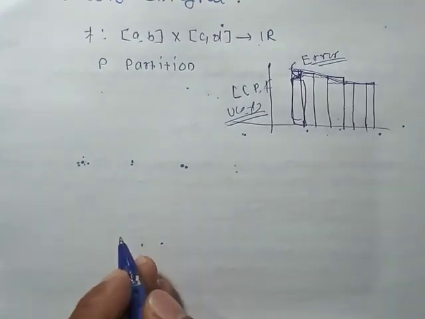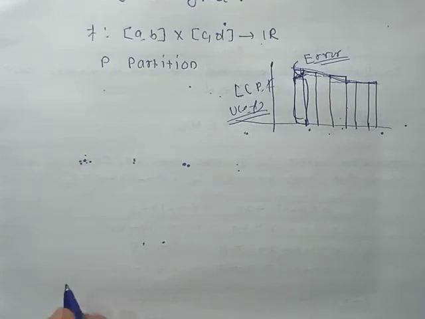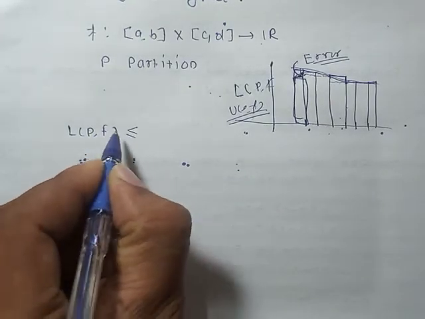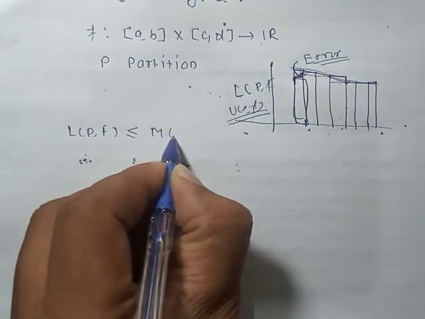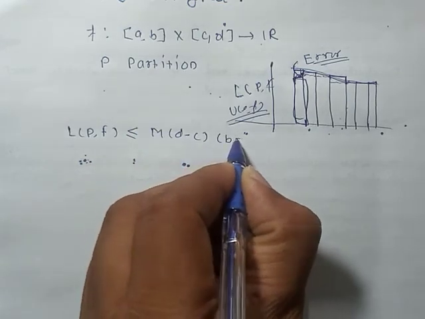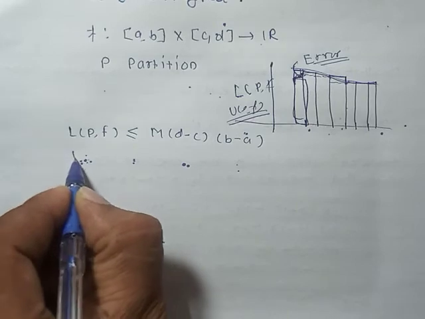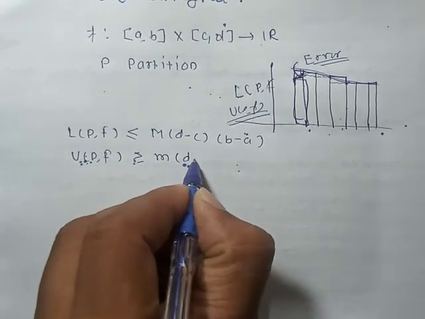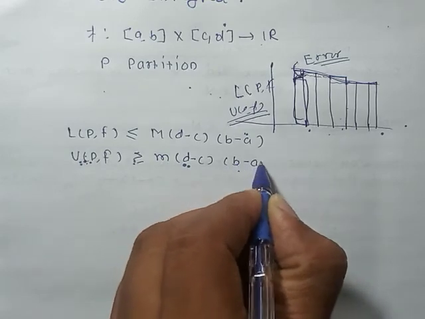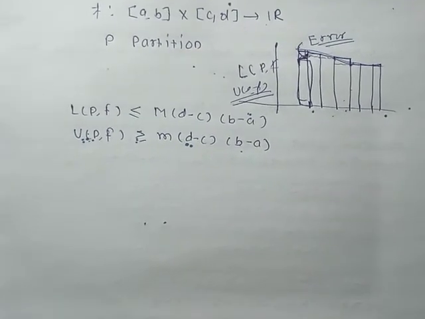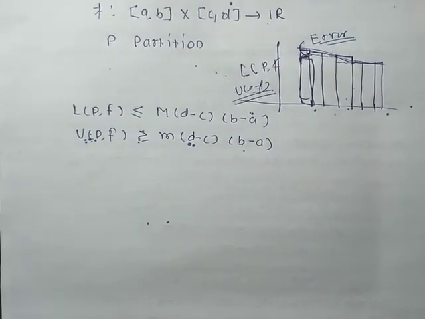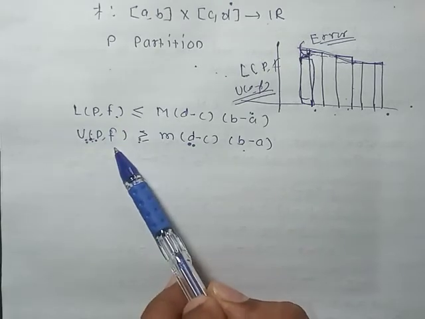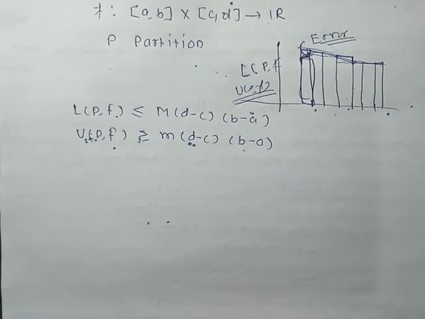P is the partition, and we just studied the inequality that LPF is always less than or equal to capital M into (d minus c) into (b minus a), and UPF is always greater than or equal to small m into (d minus c) into (b minus a). We have these inequalities. That is, LPF and UPF are bounded.